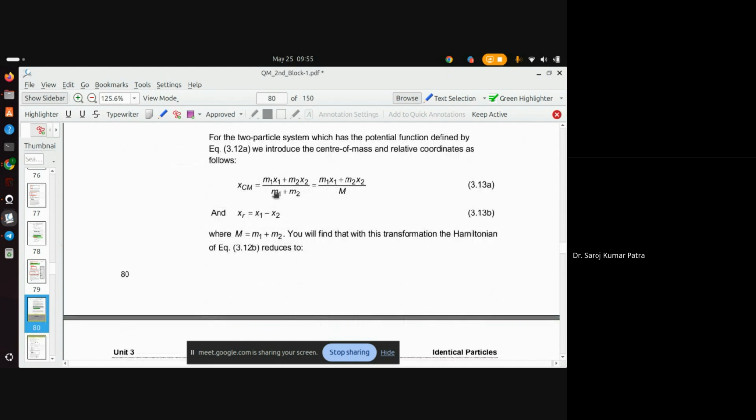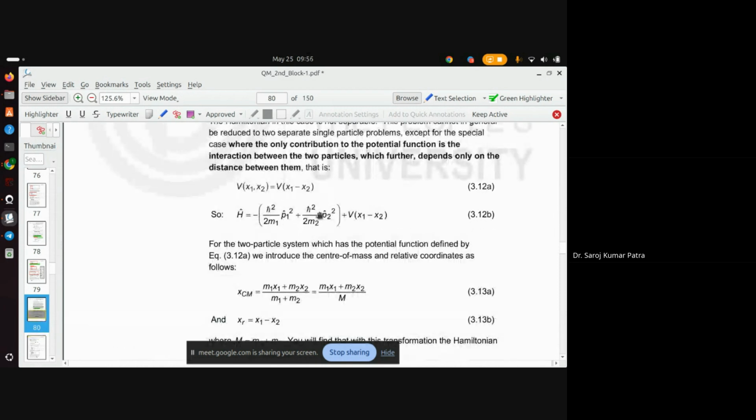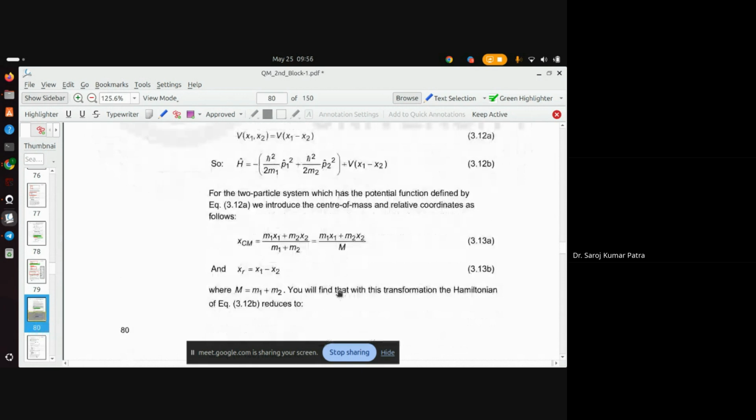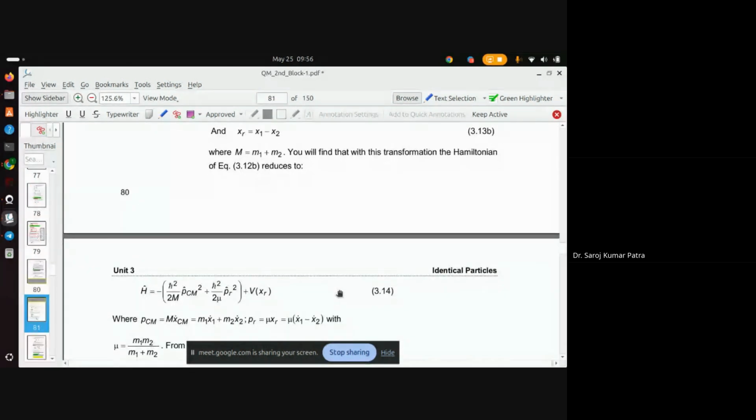So if we use these two variables, xcm is equal to m1 x1 plus m2 x2 by m1 plus m2, and xr is equal to x1 minus x2, and then we try to rewrite the Hamiltonian, equation 3.12b, using 3.13a and 3.13b. How does it look?